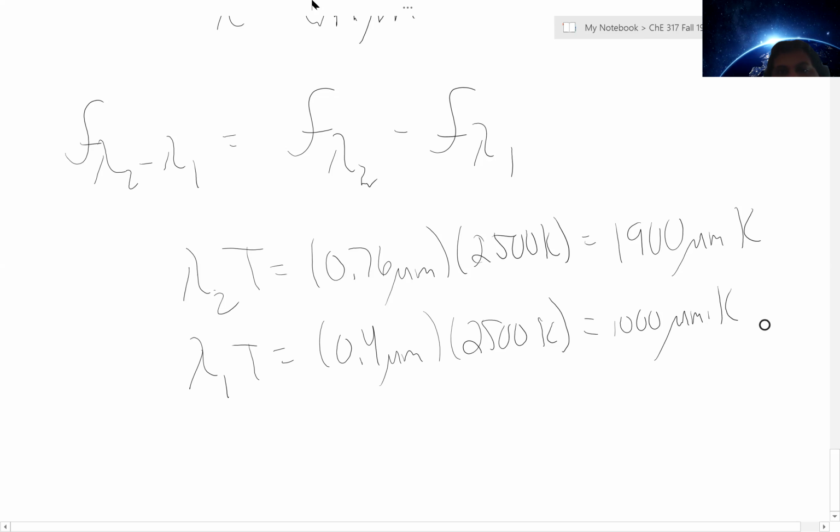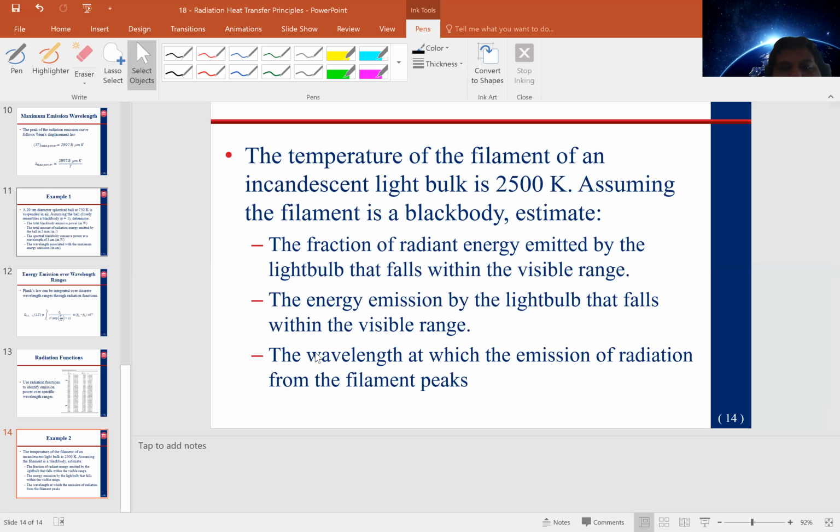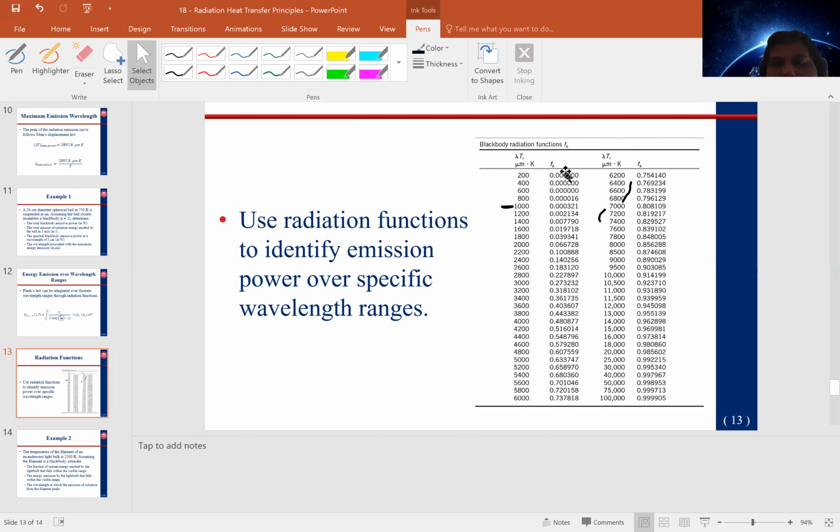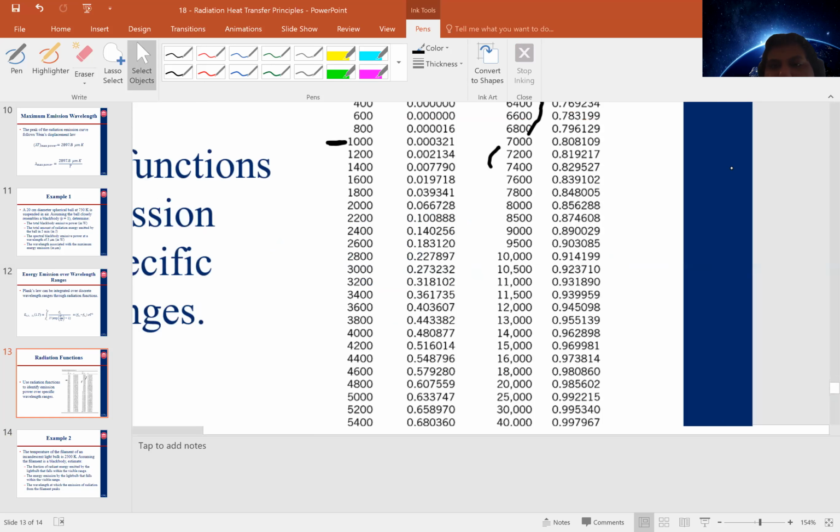So going back to my table, my radiation functions, once again I have 1000, but I'm also looking at 1900. Let me zoom in a little, if it'll let me.